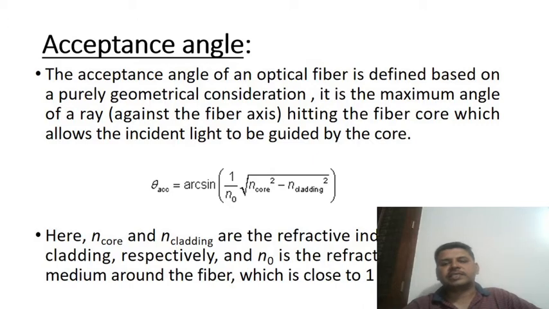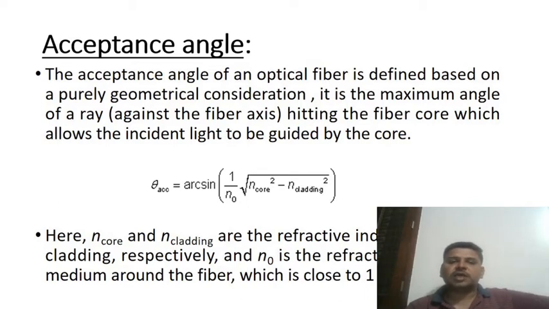Core and cladding are made of glass material having a uniform refractive index, but with a certain difference in values. From the air medium, we send the light through the optical fiber, so we observe what the angle of acceptance is here.